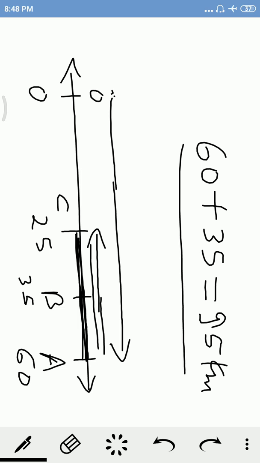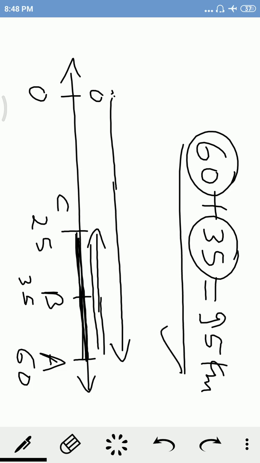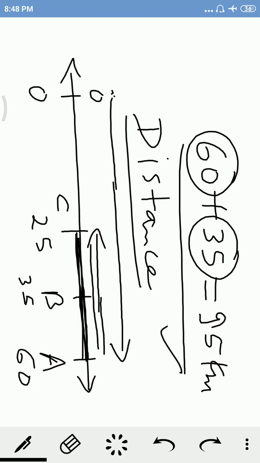Now in this, we are not considering the direction of the motion, we are just considering the numerical values. Okay, so here the total path covered by the object is 95 kilometer when it is traveling from O to A and returning to C.